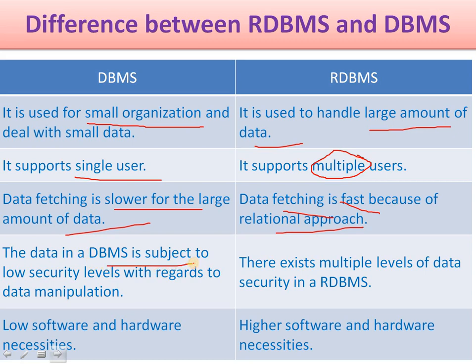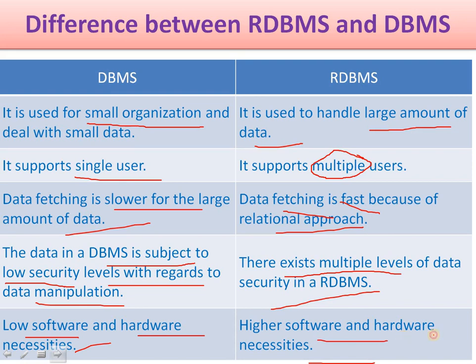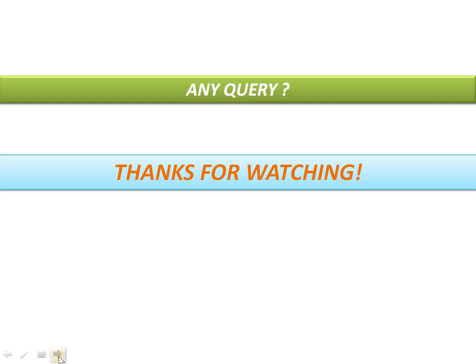Data in DBMS is subject to low security, with low security levels with regard to data manipulation, but there are multiple levels of data security in RDBMS. And the last difference: DBMS has low software and hardware necessities, but relational database needs higher software and hardware. So thank you.